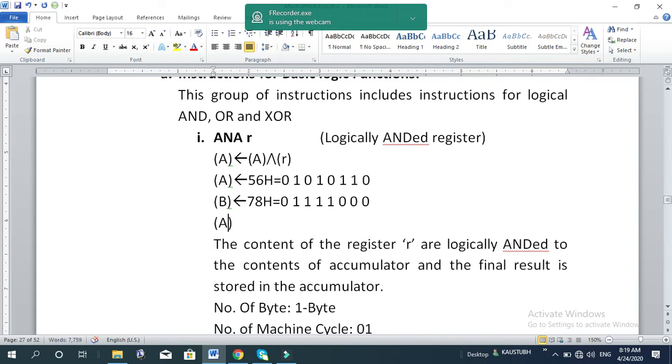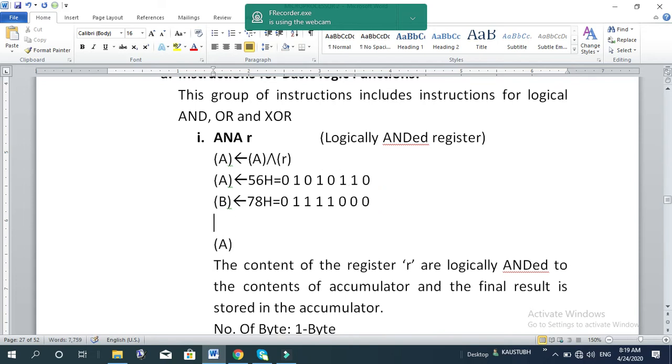Then after the execution of ANA R, the result will go to the accumulator. So what will be the result?